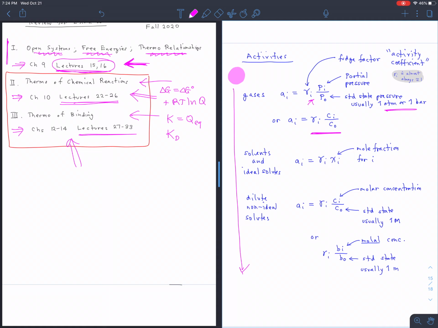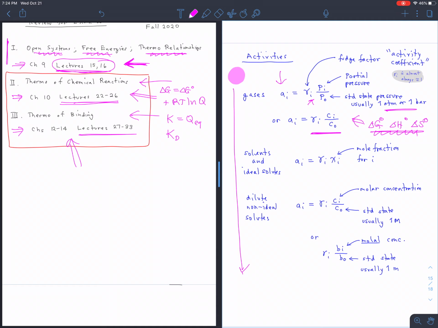Depends on the standard states that apply when you get your numbers for delta G0 and delta H0 and delta S0 from tables, right? You got to make the standard states that are in the tables match the standard states that are implied by your choice of activity, your representation of the activity.